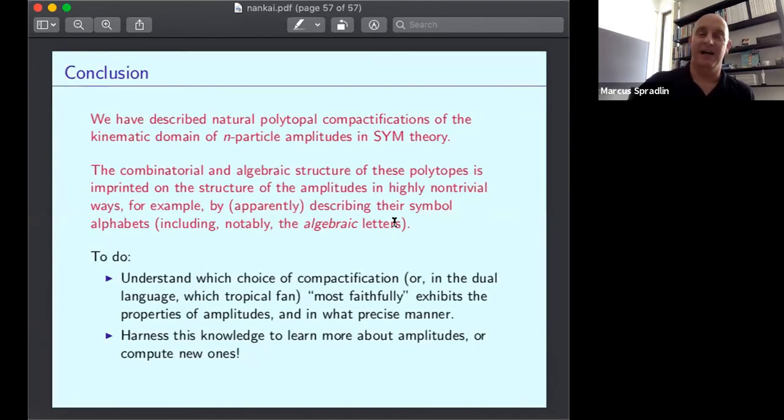A big goal in this game is to guess some mathematical structure, use that guess to compute some new amplitude, which is otherwise impossibly difficult to compute, and then cross-check that calculation against other known results to see if you're on the right track, or if you can further corroborate some mathematical structure. Okay, I'll end here.